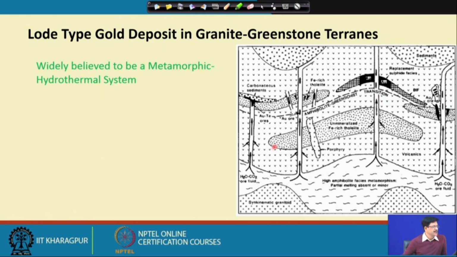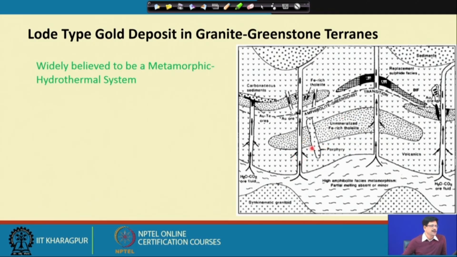So this is one of the examples where the mineralization can be ascribed to a fluid which has its origin in metamorphism, although there are many hypotheses or opposing views which are proposed, which I will not be discussing in detail.